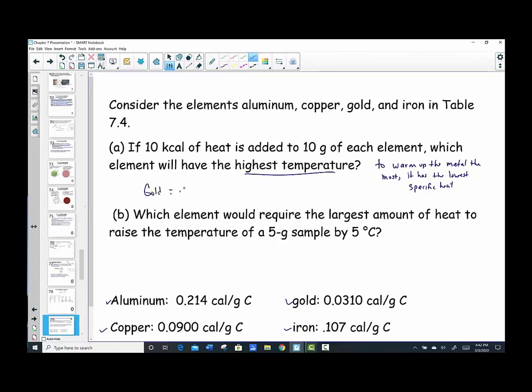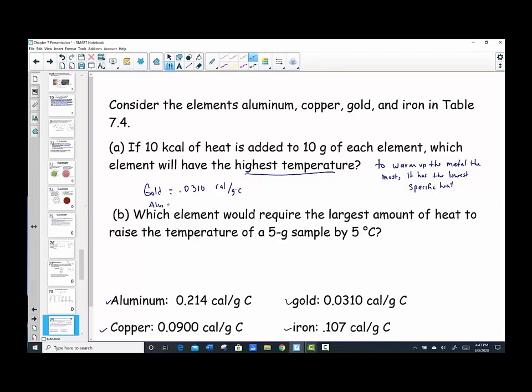The gold specific heat is 0.0310 calories per gram degree Celsius. So thinking about how much would it raise if I added 10 kcals? A lot. And which one would hardly move at all? Which one is the biggest specific heat number?